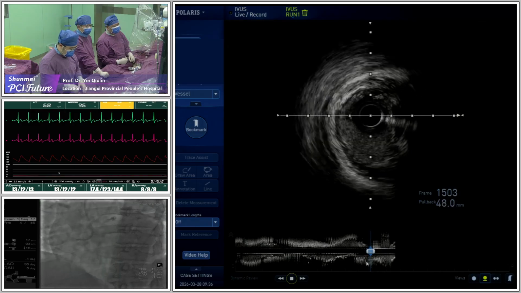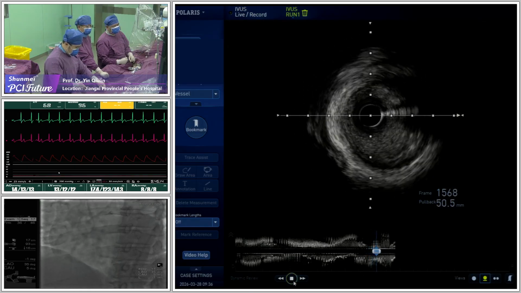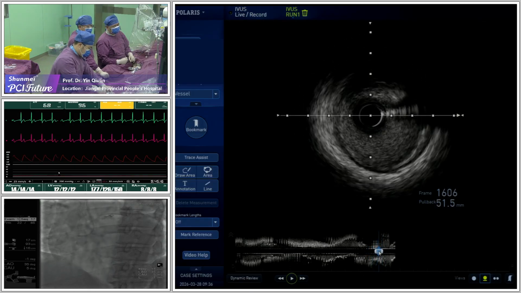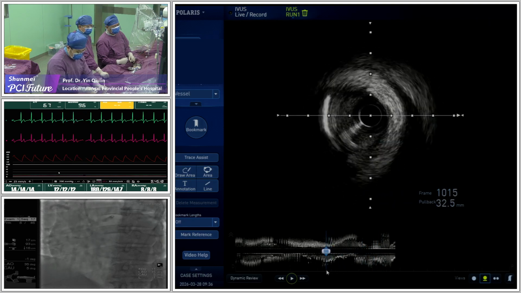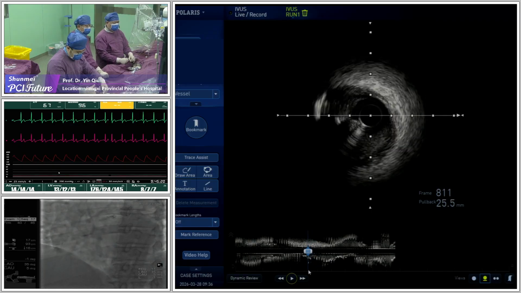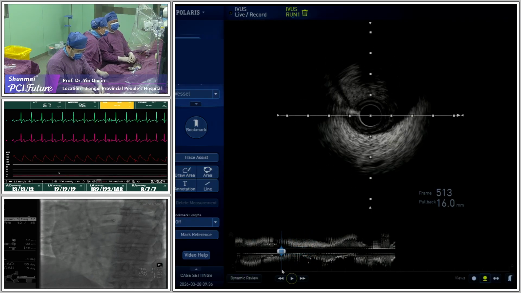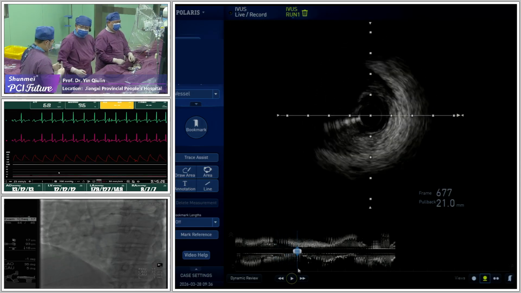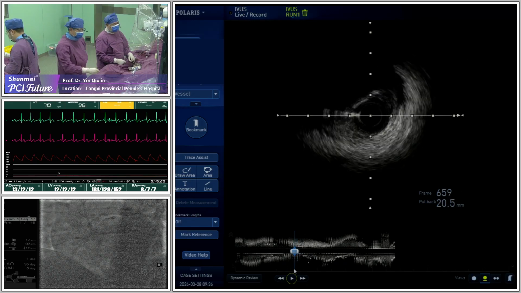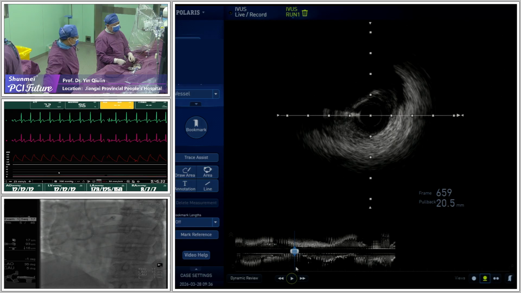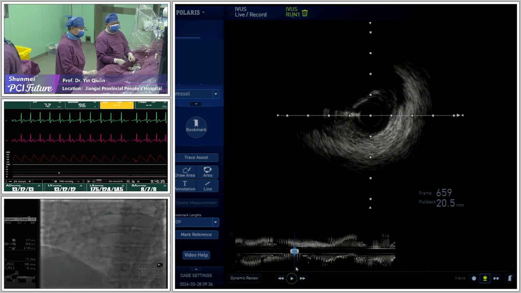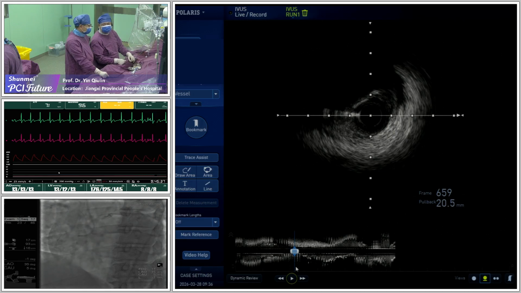Next one. I checked the collateral from the RCA. I think maybe retrograde is a backup. First of all, we used an XTA wire, but this wire cannot enter the CTO body. Next one.